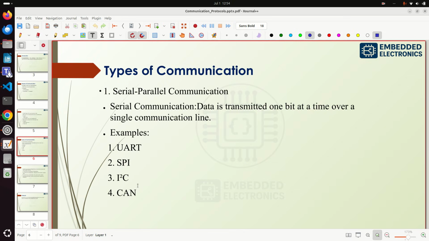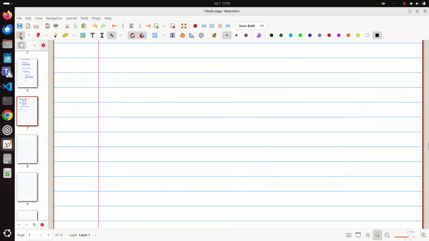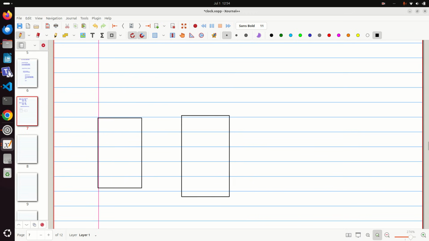So now let us talk about protocols. Before that, let's discuss the interboard protocol and intraboard protocol. So what do you mean by interboard protocol? Let me draw. Here we have two boards.